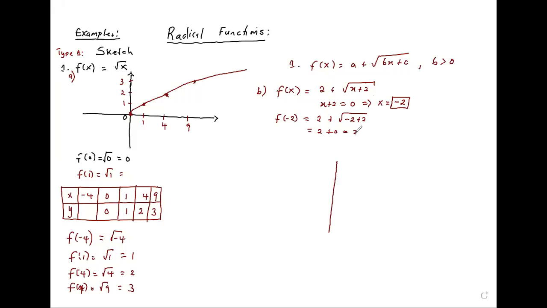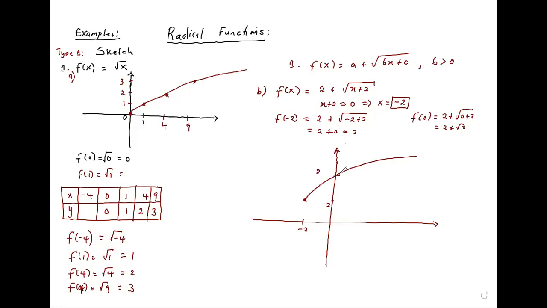So we have a starting point. What's the starting point? Negative 2, comma 2. The only point that we'll need next is the y-intercept at f of 0. This will be 2 plus root of 0 plus 2, giving us 2 plus root 2. For sure, that number is bigger than 2, and we are in type 1, so this is 2 plus root 2.